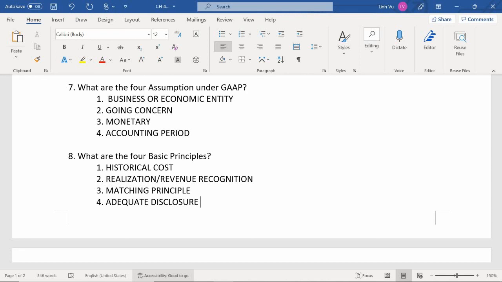So you need a place to put all that information down, and that's going to be the notes to the financial statements. When you say I have a total of $25,000 worth of salaries and wages expense, what does that mean? I don't know where the $25,000 is going. If you're paying somebody $25,000 for salaries and wages expense, what's the breakdown on that? That's where you place it, in the notes to the financial statements. Okay.